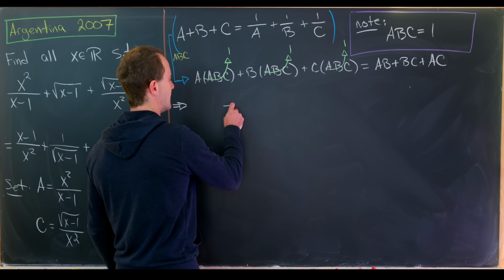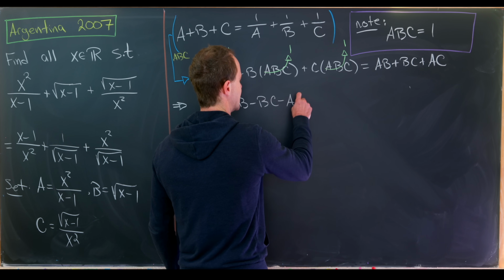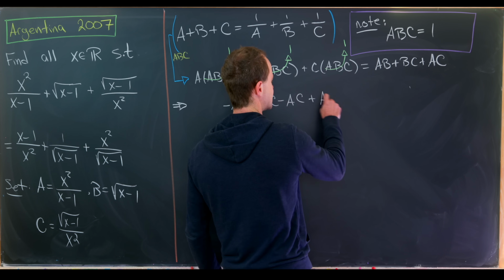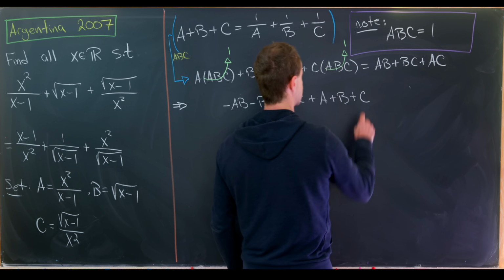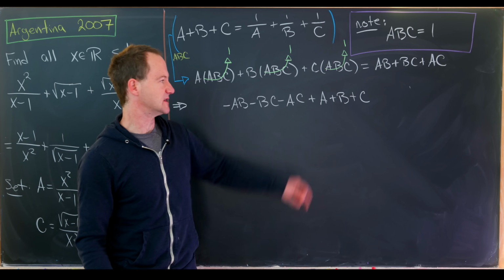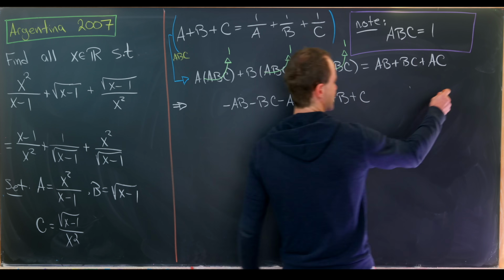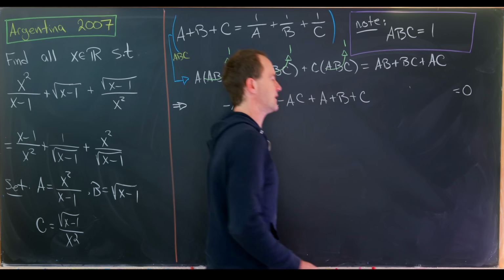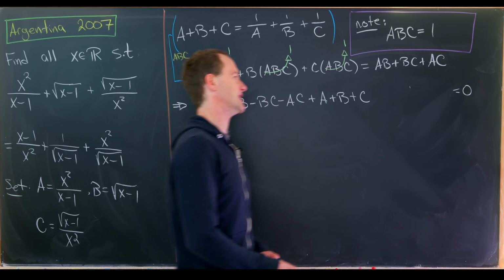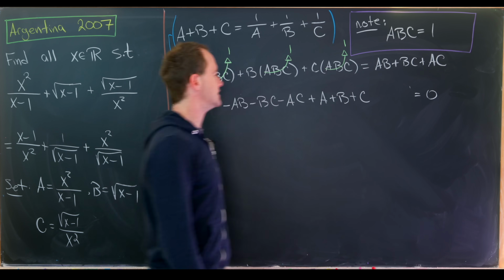That'll leave me with minus AB minus BC minus AC plus B plus C. So we've got this quadratic term, this linear term, and keep in mind that we want to set this equal to 0, so hopefully we want to build some sort of way to factor this. But how can we do that?